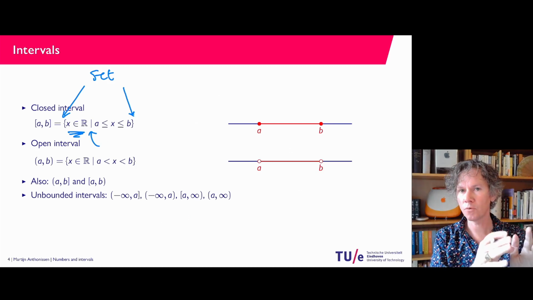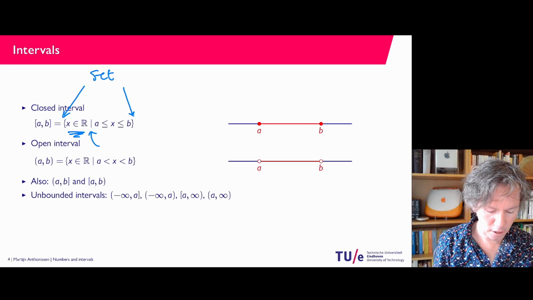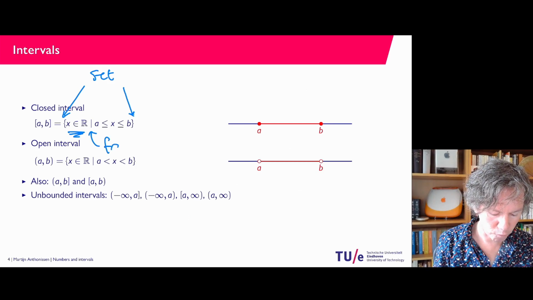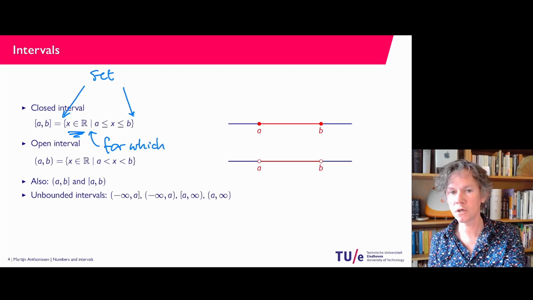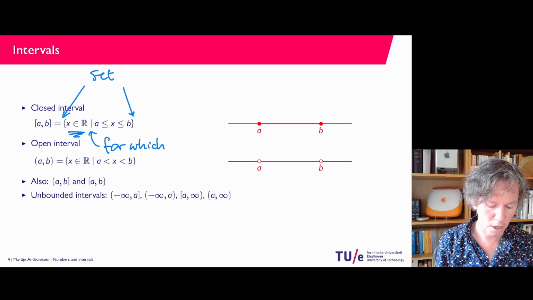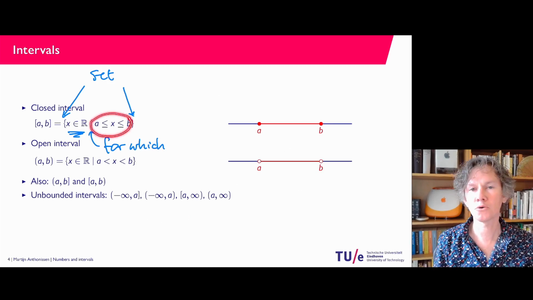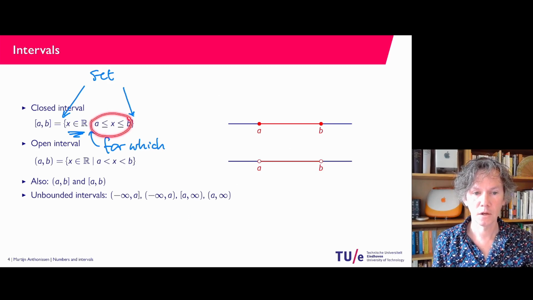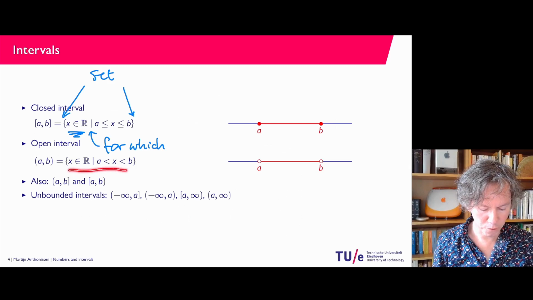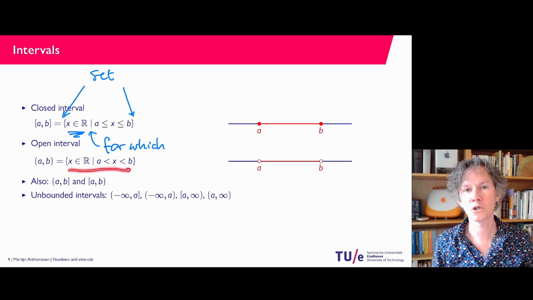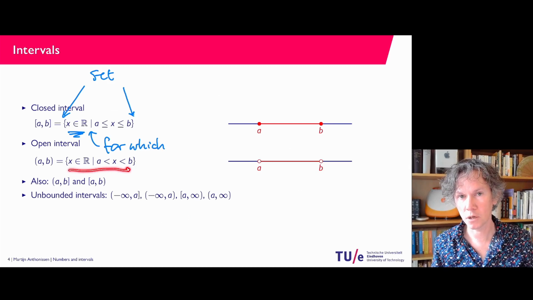So we take every real number x, and I always read this aloud as "for which". So it means for which the following condition holds, and then the condition that we impose is that x is larger or equal to a and is less or equal to b. So that is the way you can denote that. And then here, if you look at the open interval, you see that I impose the condition a less than x less than b. So that means every x in between a and b.